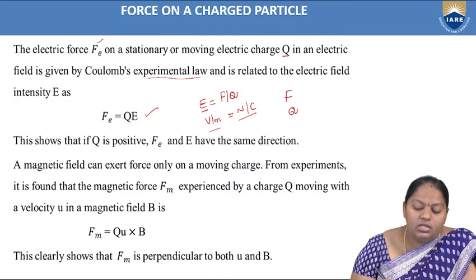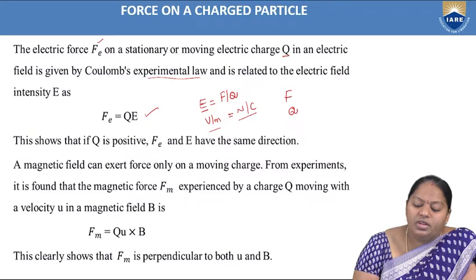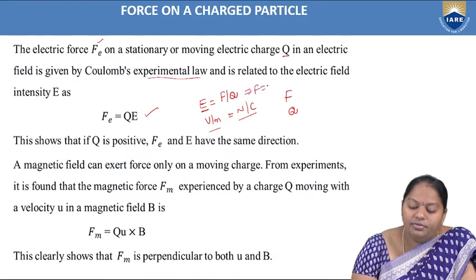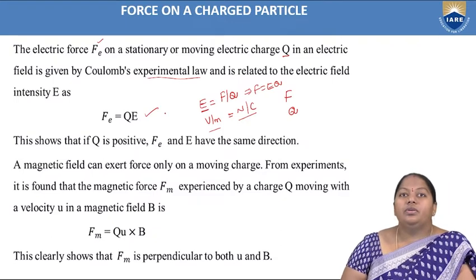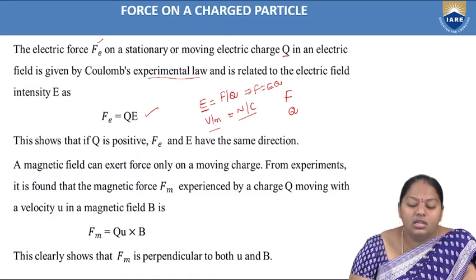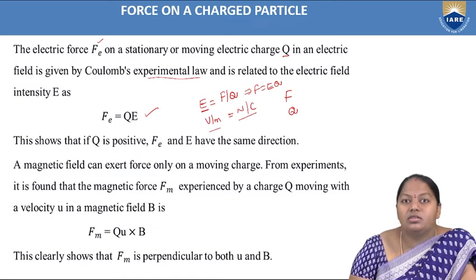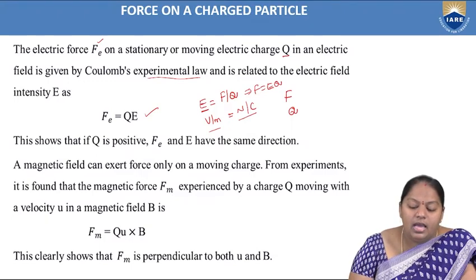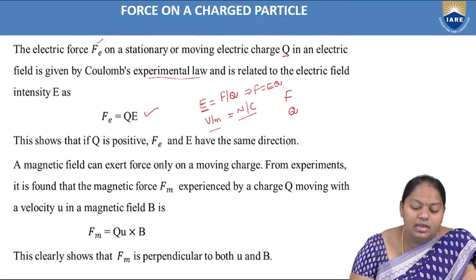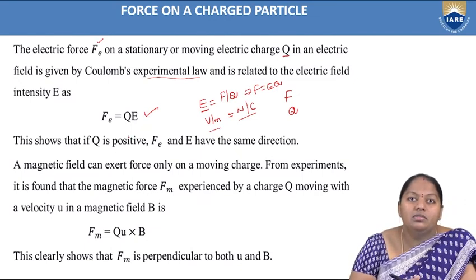So Fe equals Q into E. From the definition of electric field intensity, E equals F by Q, and from this we get F equals E into Q. Hence Fe equals Q into E. That is the electric force Fe on a stationary or moving electric charge Q in an electric field, given by Coulomb's experimental law, and mathematically we can express it as Fe equals Q into E.